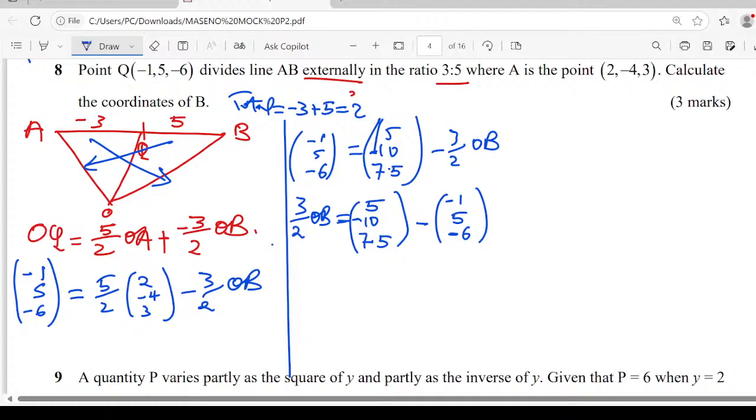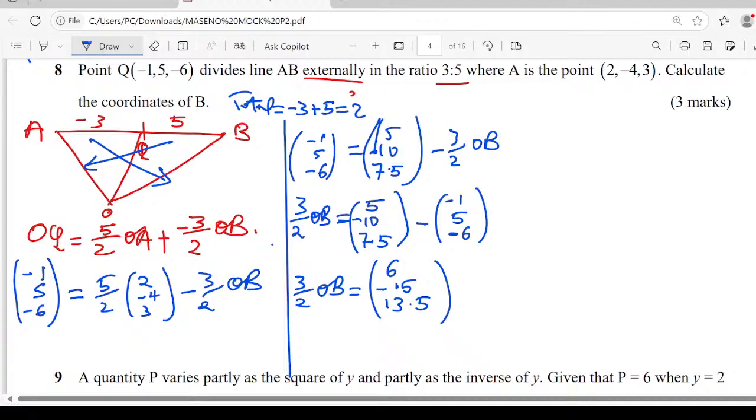So I'll have 3 over 2 of OB being equivalent to, let's see, 5 minus negative 1 will be 6. Negative 10 minus 5 will be negative 15. Then 7.5 minus 6 will become 13.5, like that.